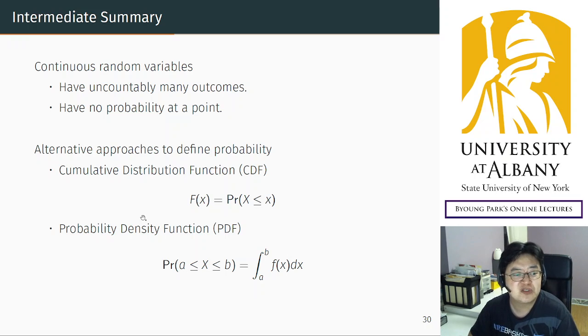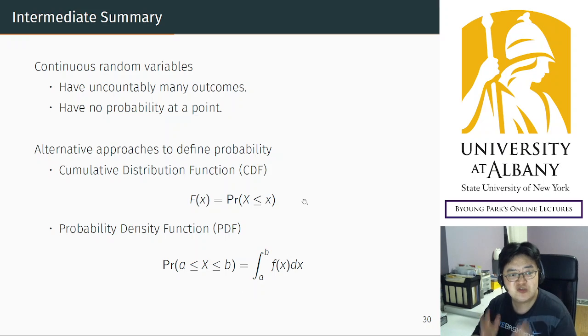The other approach to describe the probability is based on the probability density function, which is abbreviated to PDF. A probability density function connects the probability to integration. So lowercase f is the density, and given the density, the probability can be represented as an integration, right?